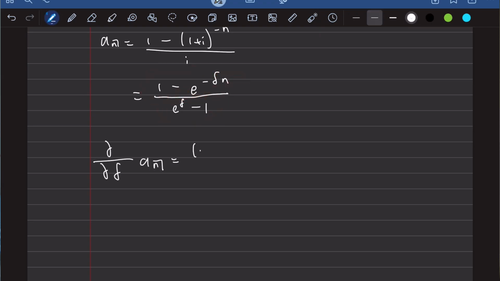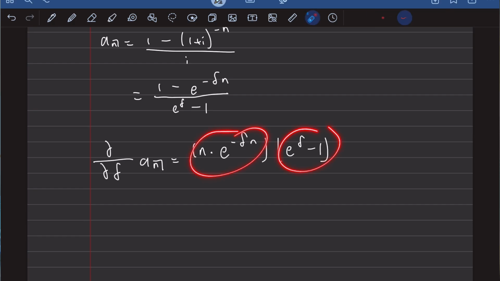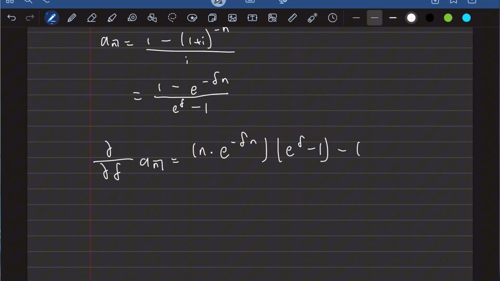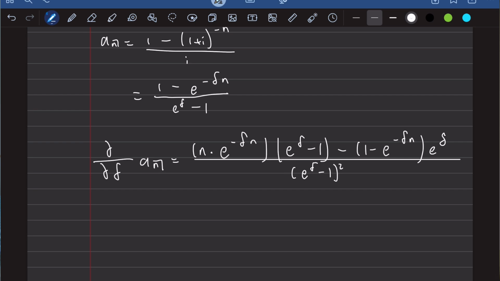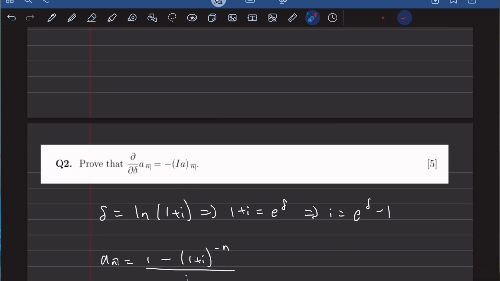So it's going to be n times e to the negative delta n times the bottom, so e to the delta minus 1, so this is basically derivative of the top times the bottom, minus, now we need to do the top, so 1 minus e to the negative delta n times the derivative of the bottom, which is just going to be e to the delta, and this is all going to get divided by the bottom squared. So it's going to be divided by e to the delta minus 1 squared. Cool. Okay, so now it's a bit hard to see how we manipulate this to look like that, basically.